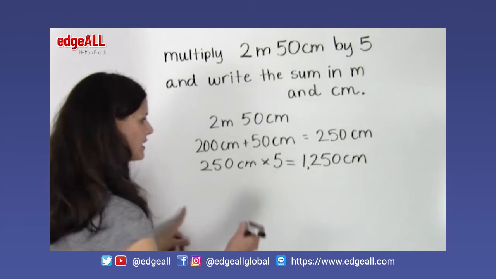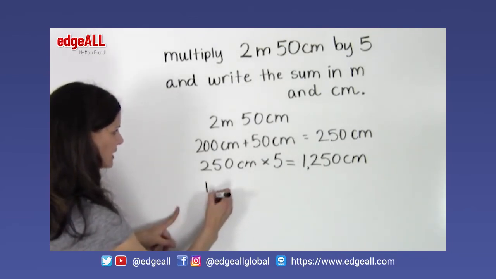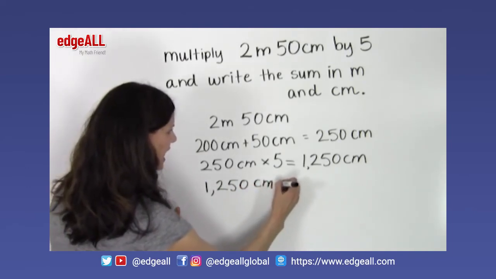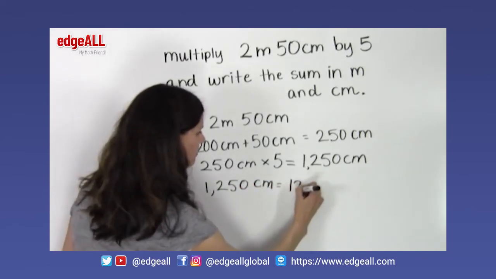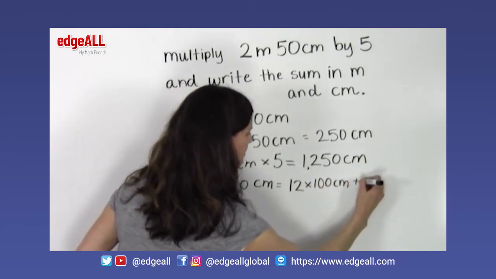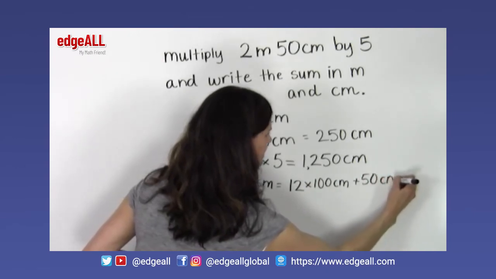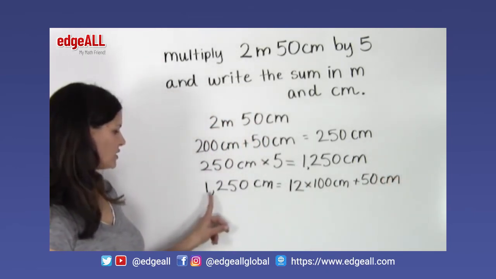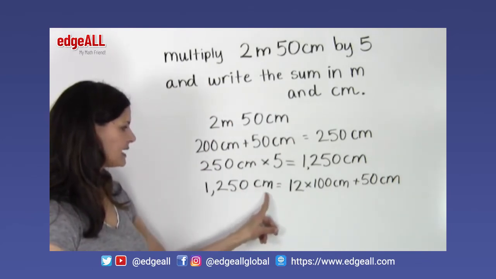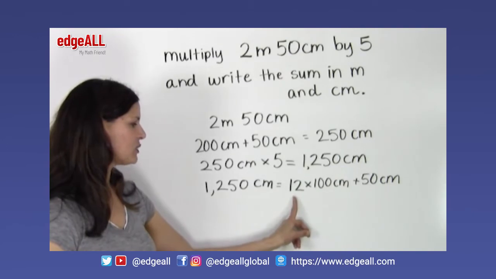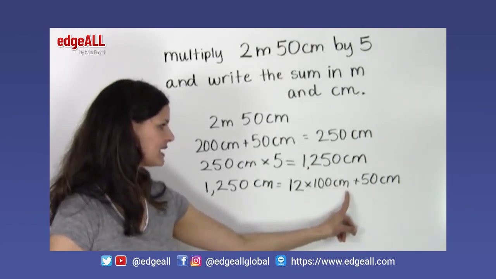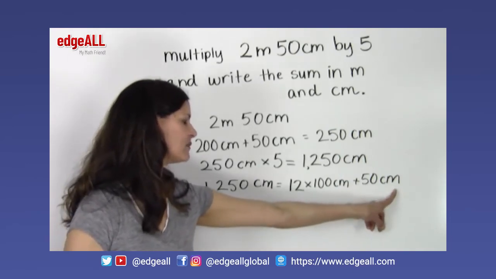And so I can rewrite the 1,250 centimeters as 12 times 100 centimeters plus 50 centimeters. The 1,200 can be rewritten as 12 times 100 centimeters, plus 50 centimeters.